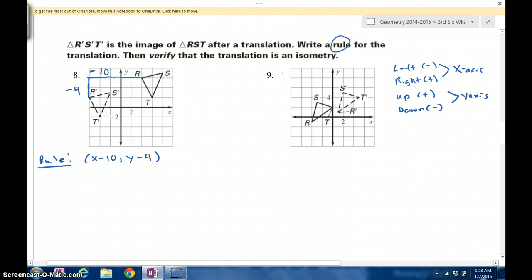Now, to check if it's an isometry, there's two things we can do. Alright, so first thing you can do is distance formula for every segment on there, or check your rule with every vertex.